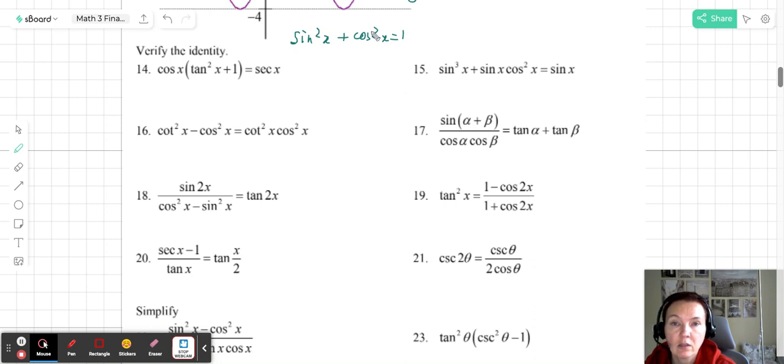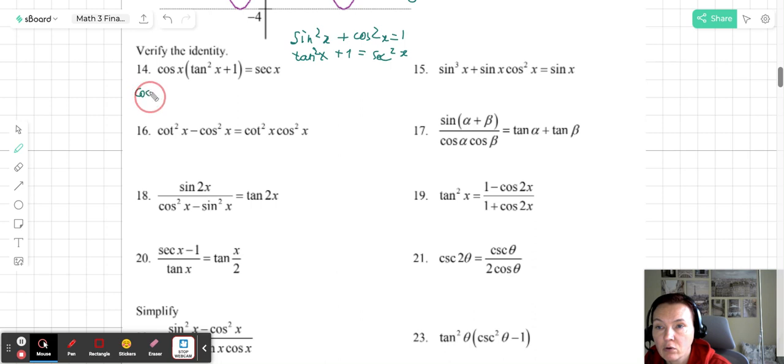So if you divide each term by cosine squared, you will have over here tangent squared x, plus 1 cosine squared over cosine squared, and then 1 over cosine, that is secant, and it will be squared because we divided by a square, right?